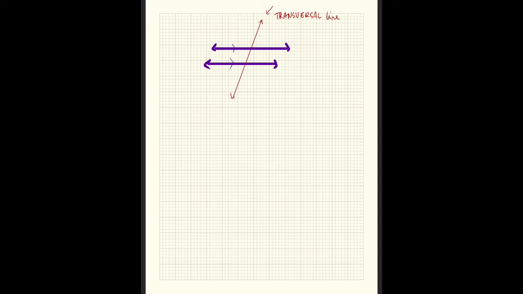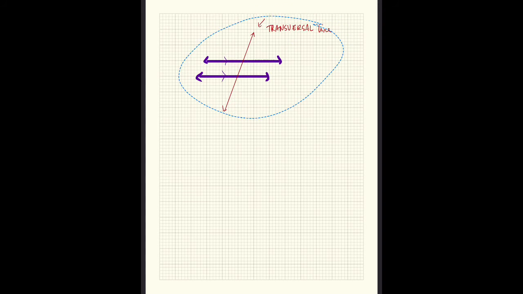And whenever lines intersect, they make what we call angles. Let me just pull this down a little bit.